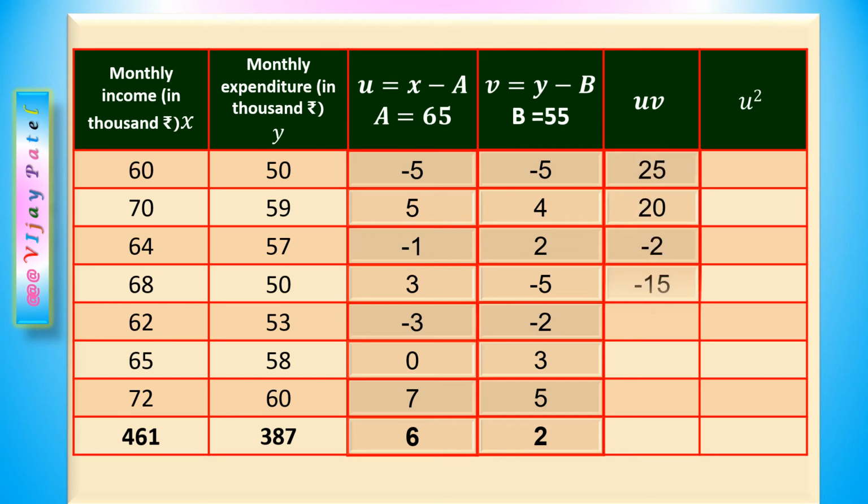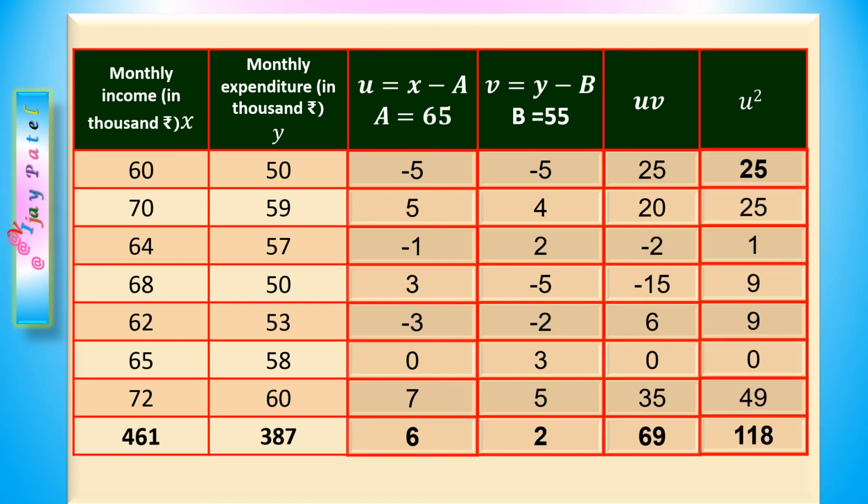Total is 2. UV, multiplication of third and fourth column: 25, 20, minus 2, minus 15, 6, 0, 35. Total is 69. U square means square of all values of third column: 25, 25, 1, 9, 9, 0, 49. Total is 118.